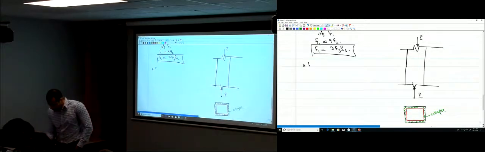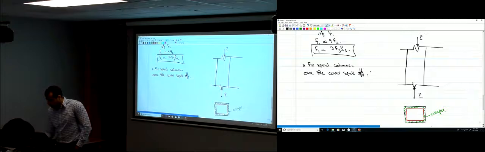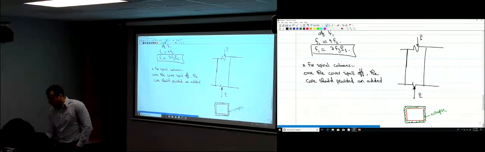So now for spiral columns, once the cover spalls off, the core should provide an added strength that substitutes the strength of the cover.